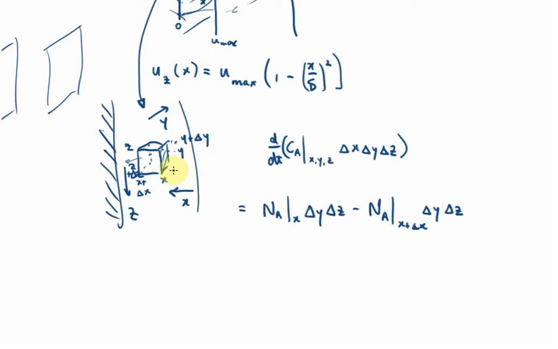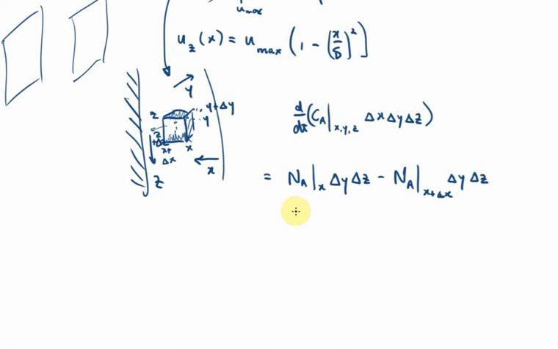Then, of course, we may also have flux in the z direction. So looking at this top face and this bottom face here, we'll have coming into the box from the top down, we'll have a molar flux at z, and that's in the z direction. I should have said this is the molar flux in the x direction here.